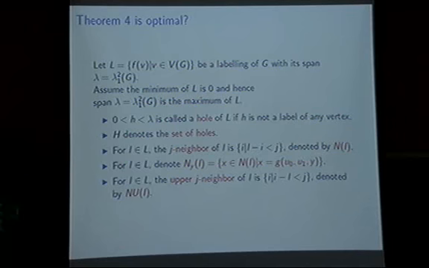And among them, the ones which stay in Y's layer are called N_Y(L). And the upper J neighbor is the labels which are bigger than L, but also within J minus 1 distance from L. So in this case, let me write down this N_U(L).